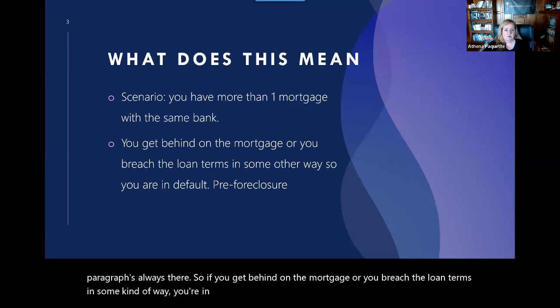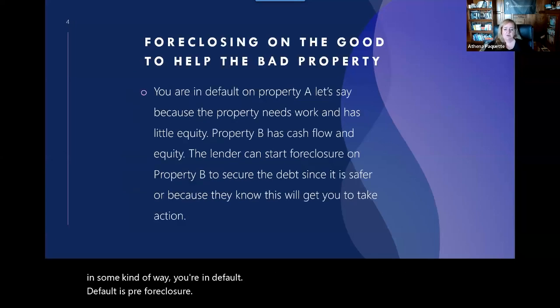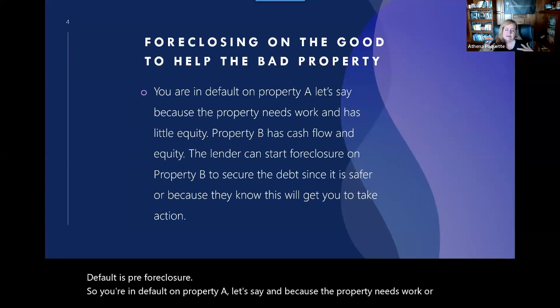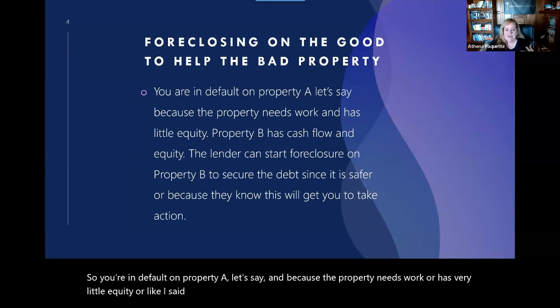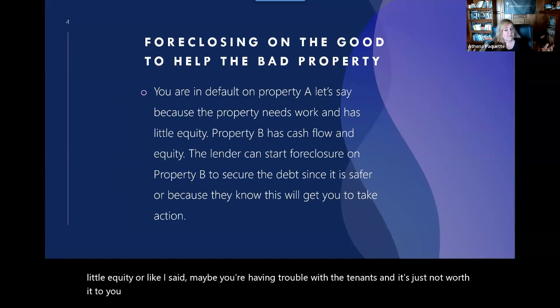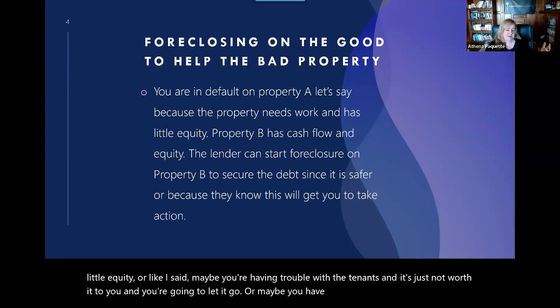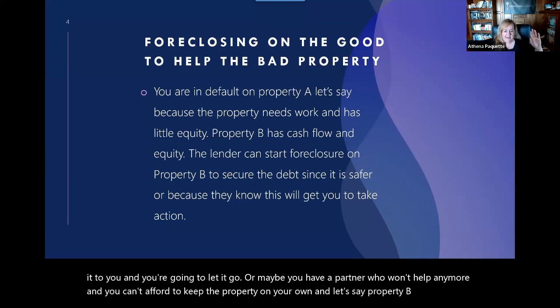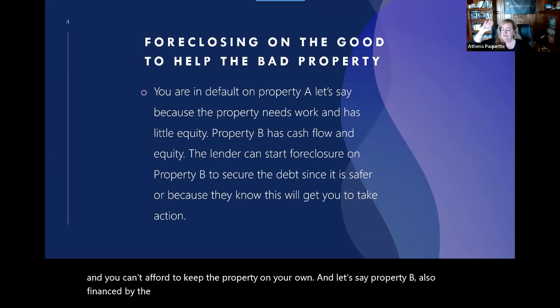Default is pre-foreclosure. So you're in default on property A, let's say, and because the property needs work or has very little equity, or like I said, maybe you're having trouble with the tenants and it's just not worth it to you and you're going to let it go. Or maybe you have a partner who won't help anymore and you can't afford to keep the property on your own. And let's say property B, also financed by the same bank, it's got cash flow, it's got plenty of equity.